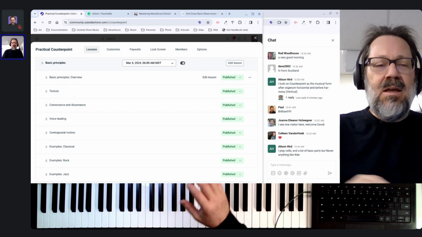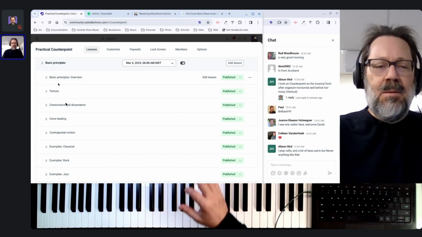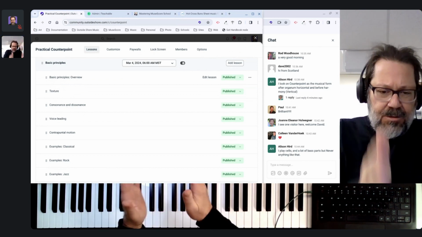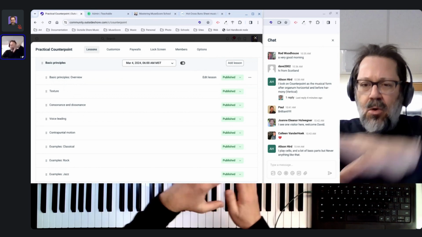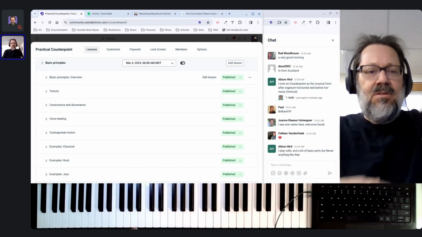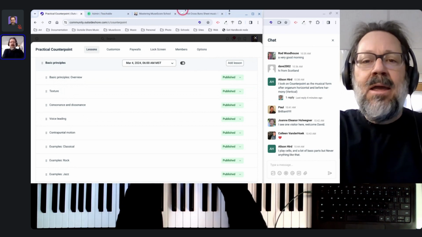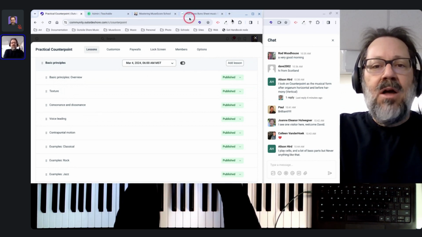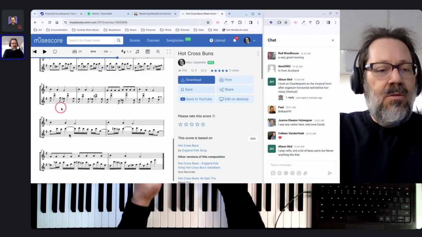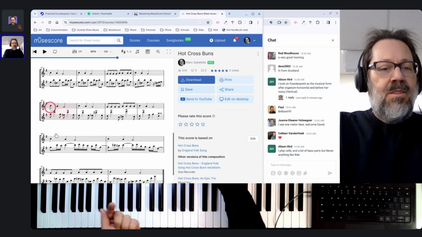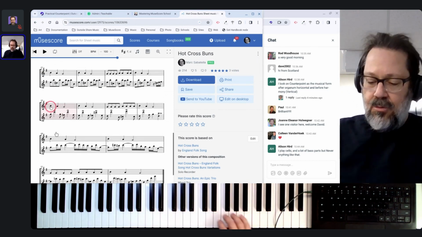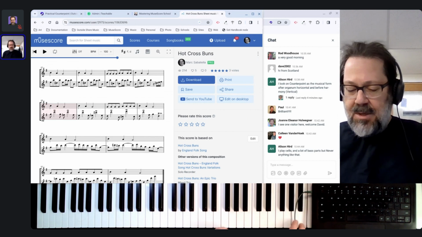Texture, meaning whether the two parts are moving together or whether they're more independent. I will be talking about consonance and dissonance, right? If we look at my arrangement of Hot Cross Buns, you'll see some places where there's consonance between the two voices. This B up here.